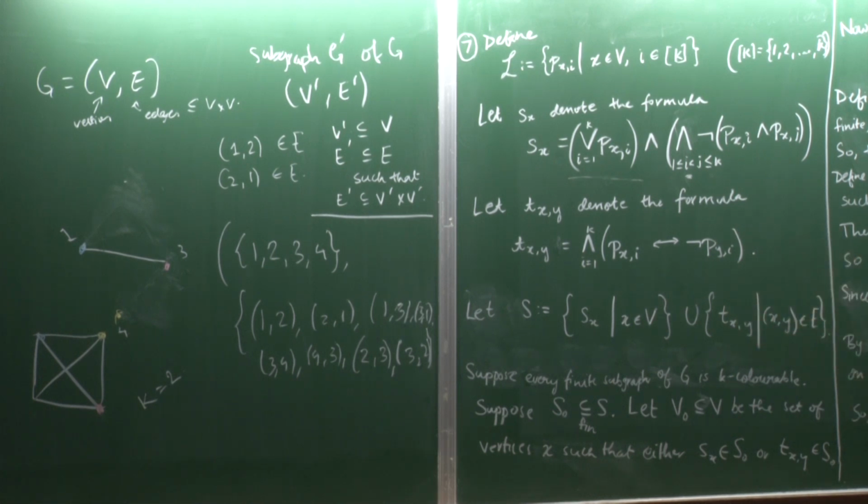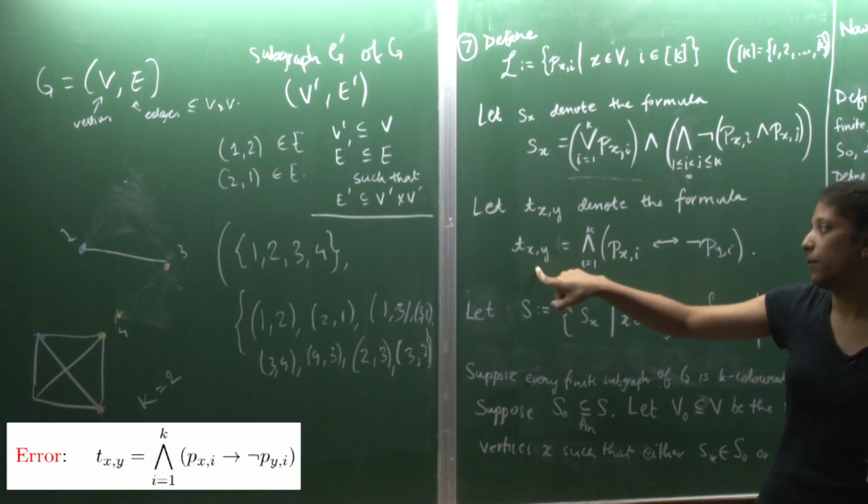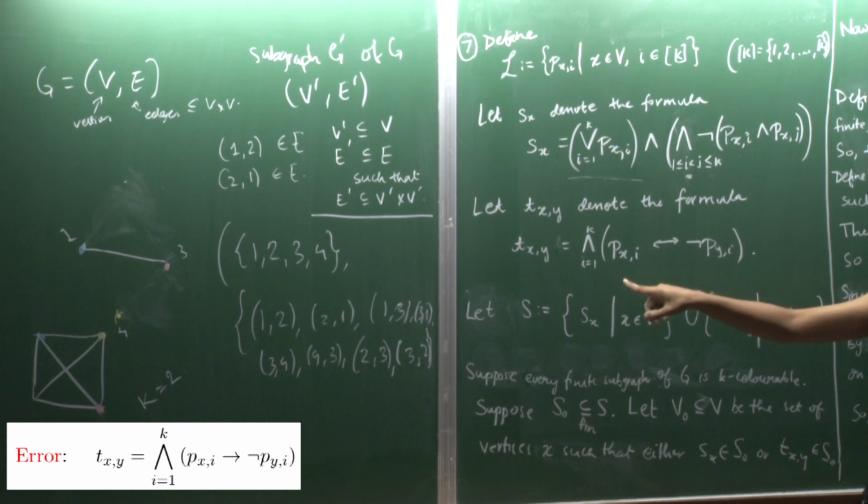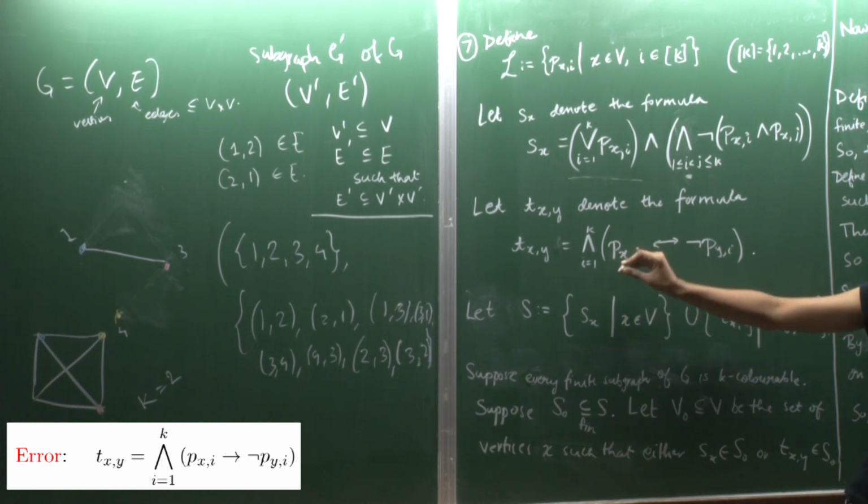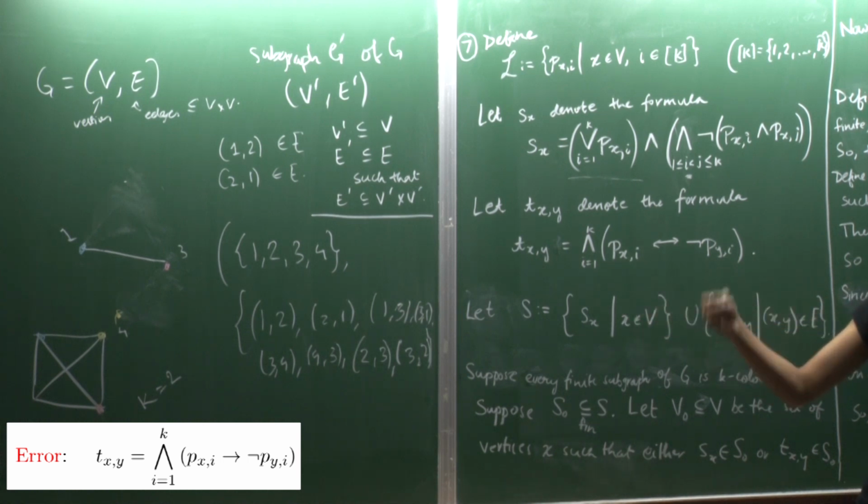Okay. Now what is the second thing that you need for a coloring? The neighboring vertices should have different colors. Exactly. So for each edge, you would like to define a formula that captures that notion. For that you define Txy. So Txy says that Pxi happens if and only if Pyi doesn't happen.